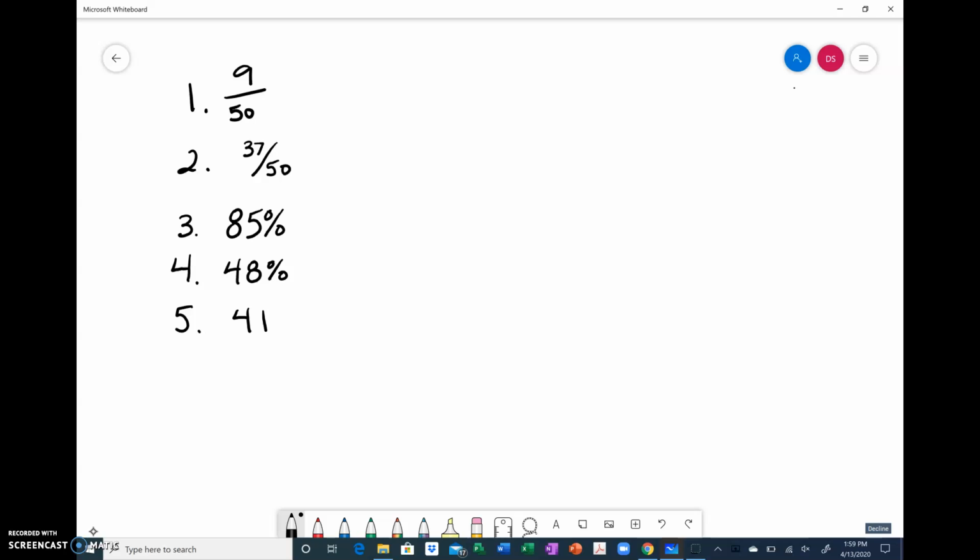For number 6, 11 is 22% of what number? So you're solving for B, and you should get that B equals 50. Number 7, it says use the percent equation. You use what you like. 82 is 205% of what number? That's 40.